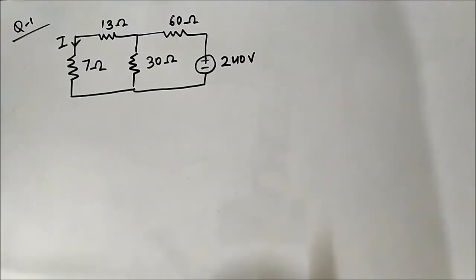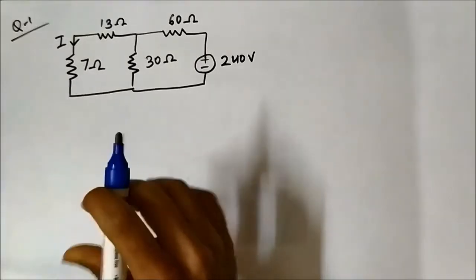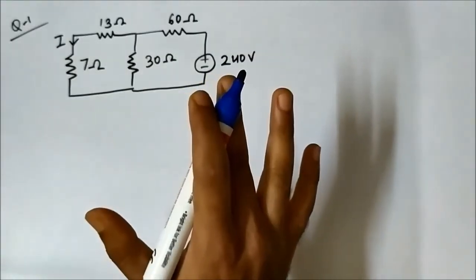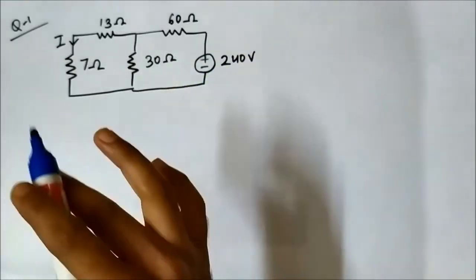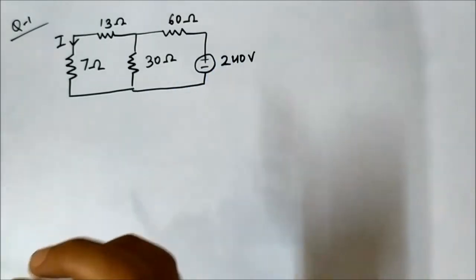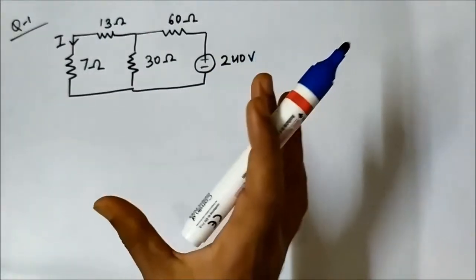Okay, so let us do that. So we will do it with the help of Thevenin's theorem. We have already discussed superposition theorem application. Here we will discuss how to do it using Thevenin's theorem.